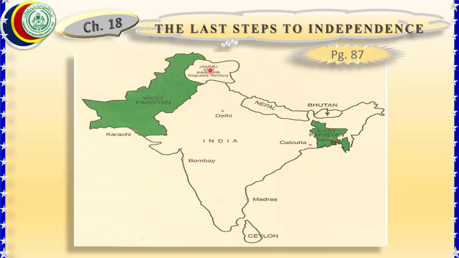This is the area of Jammu and Kashmir which is still disputed, meaning that it has not yet been decided whether this is part of Pakistan or part of India. So Jammu and Kashmir is the disputed territory shown in the map.